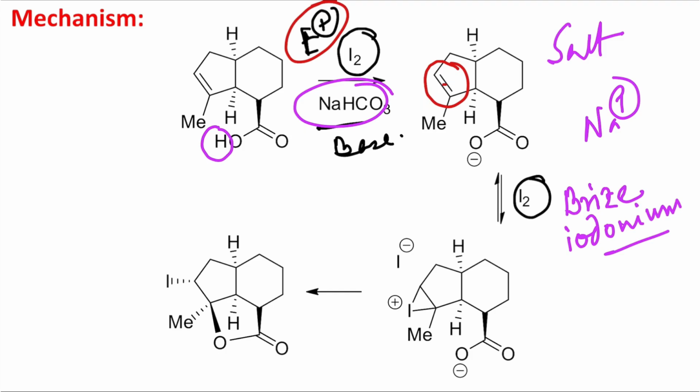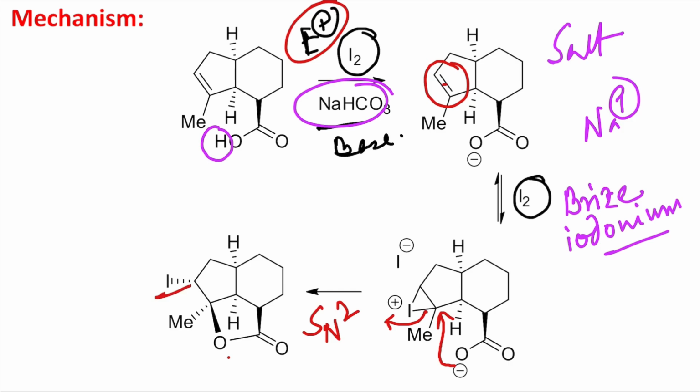So this is the bridged iodonium derivative, a 3-member ring, along with iodide. In the next step, this oxygen, O minus, acts as a nucleophile and attacks here and it opens up. This is an SN2 type of reaction, and in this way it produces a lactone, meaning a cyclic ester, because you may consider this a 5-member cyclic ester; this part is called the lactone, and another product is iodide.